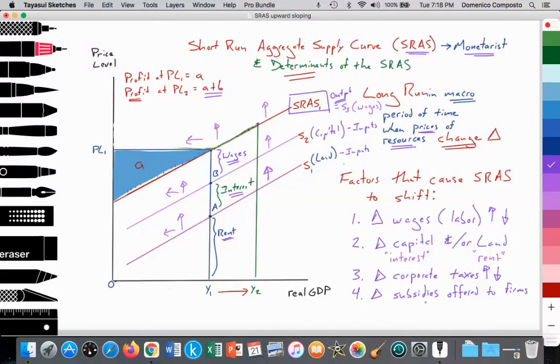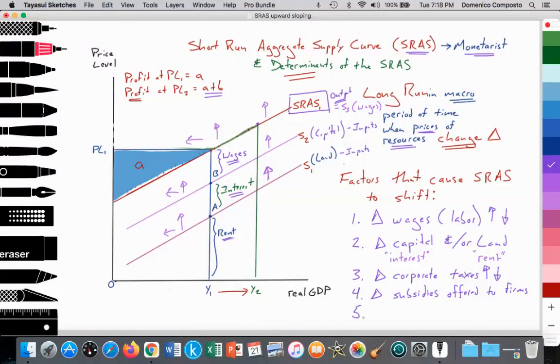If there's a large amount of subsidies offered to a large amount of firms in the national economy, that could affect the aggregate supply curve. And in microeconomics, we see that subsidies reduce the cost of production, so it can cause the short-run aggregate supply curve to shift outwards with more subsidies provided, or if the government cuts subsidies, then the SRAS curve would be shifting in with that change.